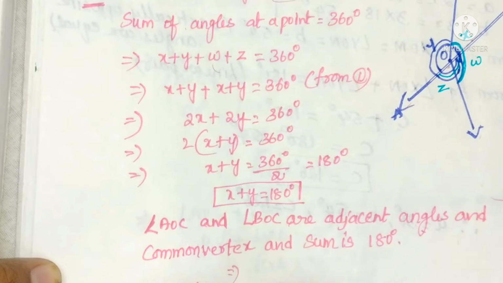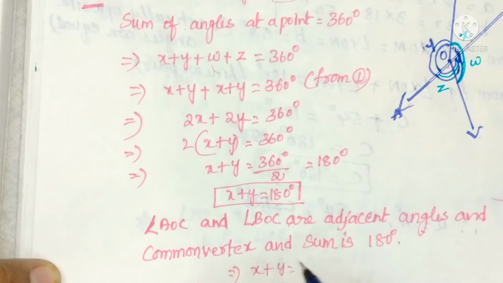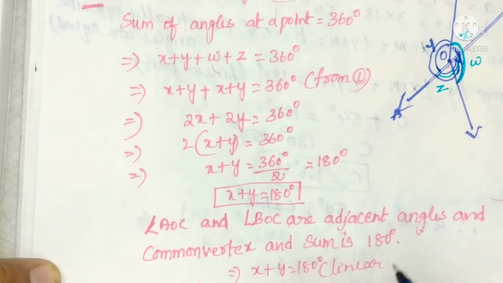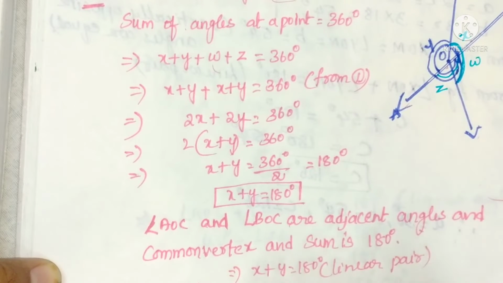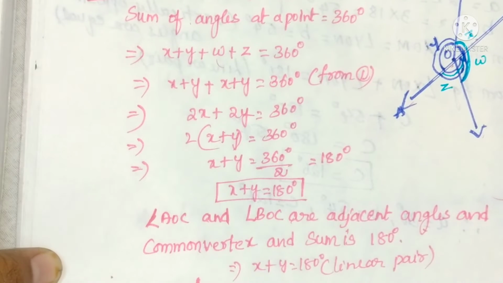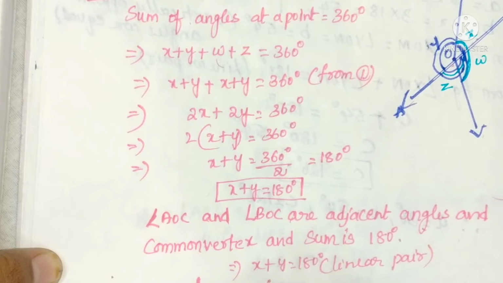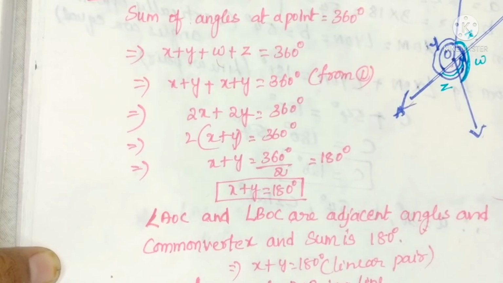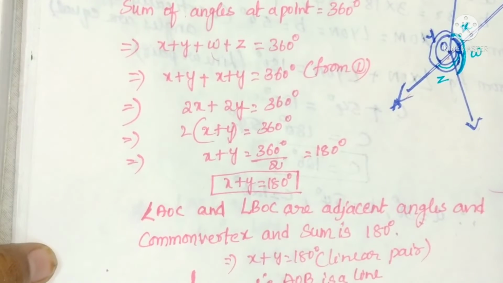That implies x plus y equals 180 degrees. A linear pair means the angles form a straight line. Therefore, AOB is a line.